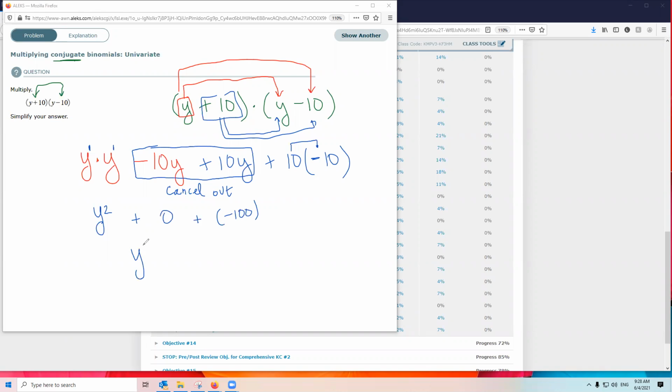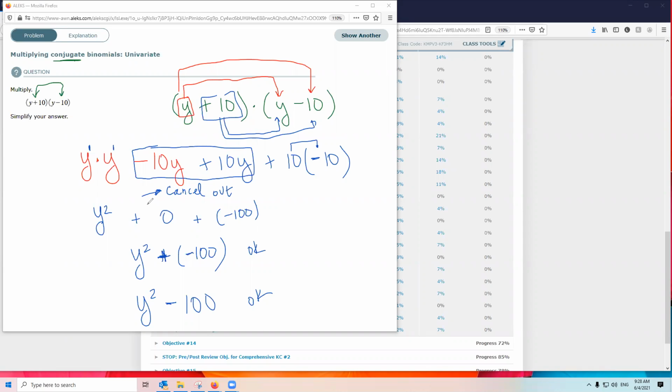So I could just write this as y squared plus negative 100. Remember, anytime you add a negative, you can write it as a subtraction. So I could write it as y squared minus 100. Either one of these answers is okay. So when you multiply these conjugate binomials like this, you're always going to see that the middle terms cancel out.